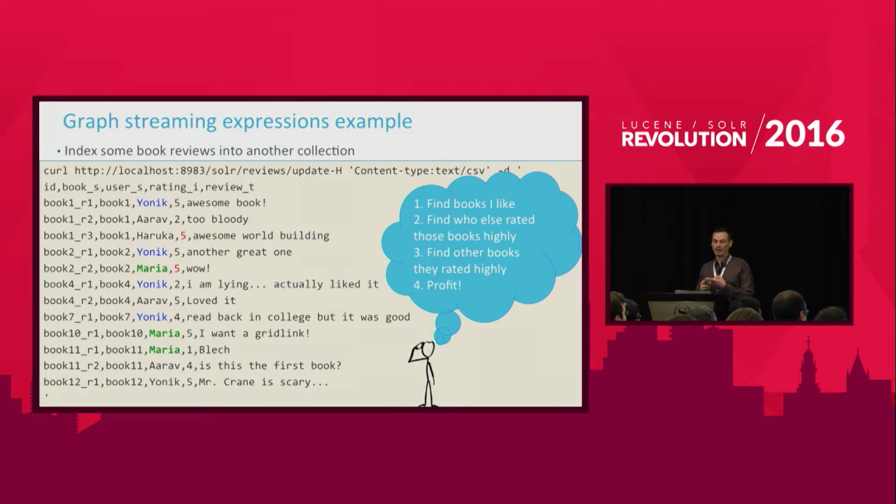Step one is find books that I like. Step two is find other users who rated those books highly. And step three is, okay, those users like the same books I like, so find other books that they rated highly that I haven't read.